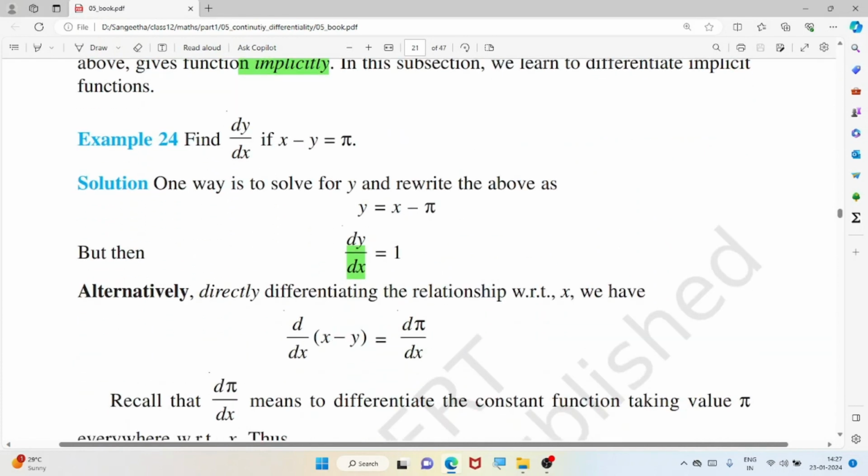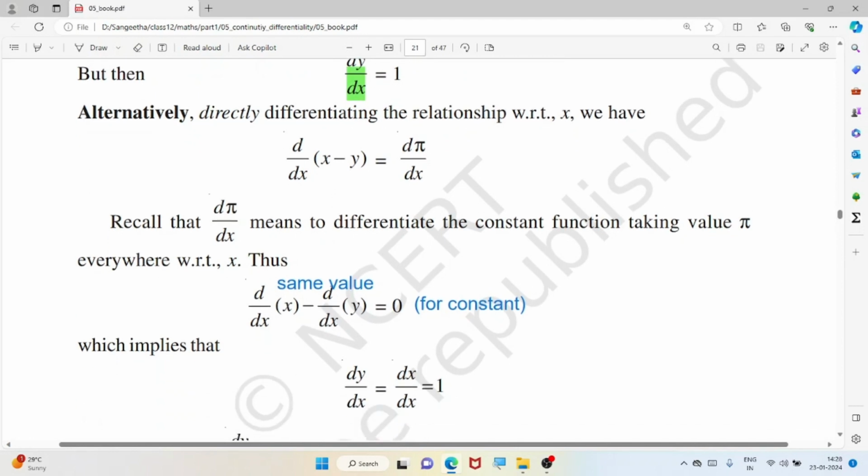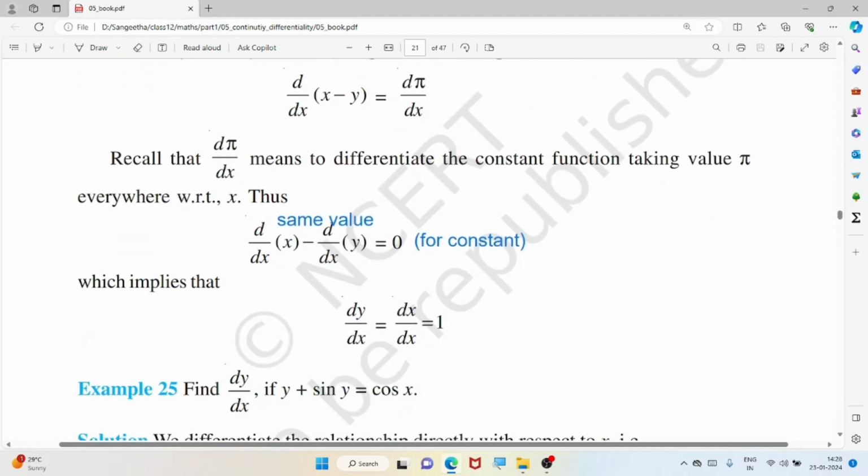Now dy by dx: differentiate y with respect to x. Here x gives 1, and this will be 0, being a constant.